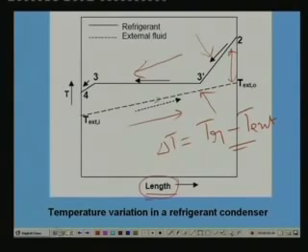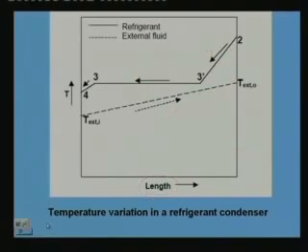So, if you want to define some kind of a mean temperature difference, it is a bit difficult here because of the continuous variation. So, what is normally done for a rough estimation of the condenser area is that we neglect the desuperheating and subcooling zones, and we assume that the temperature of the refrigerant remains constant throughout the condenser and stays at the condensing temperature corresponding to the condenser pressure.